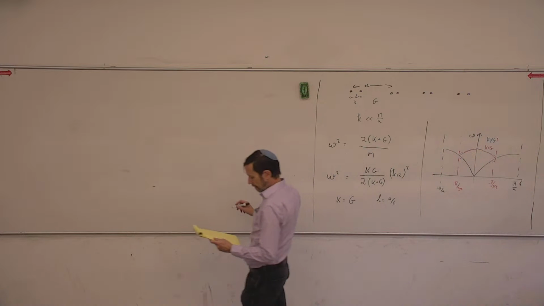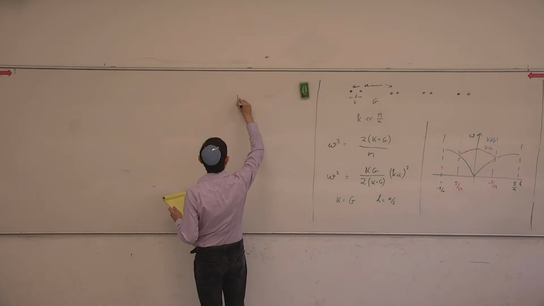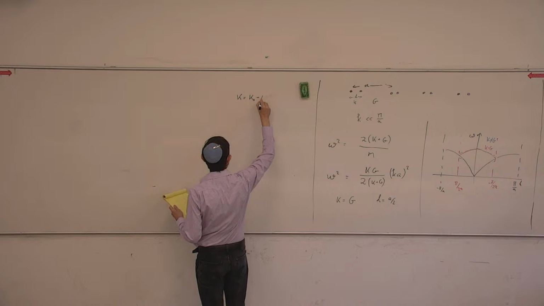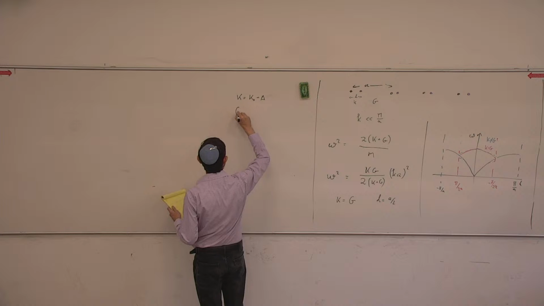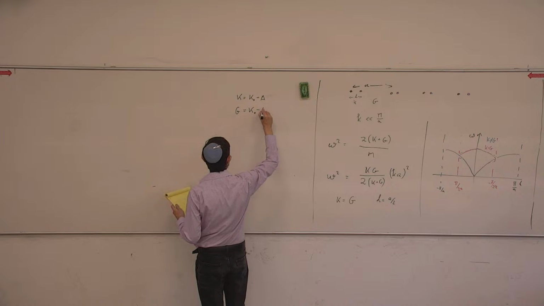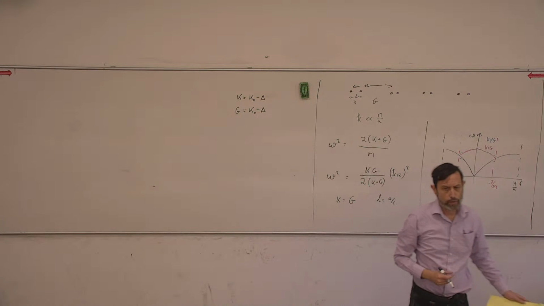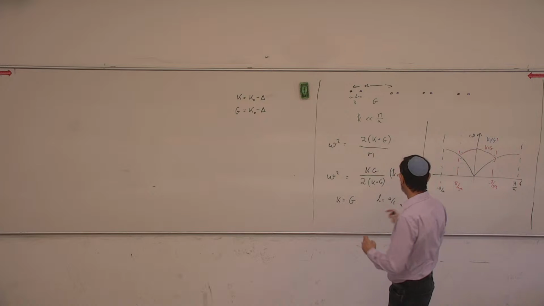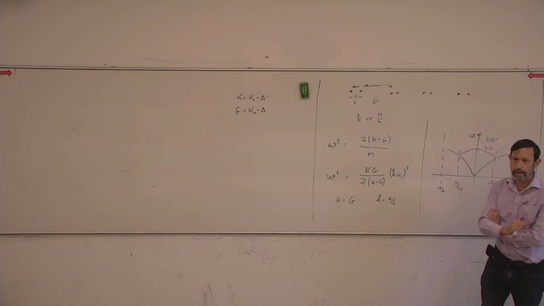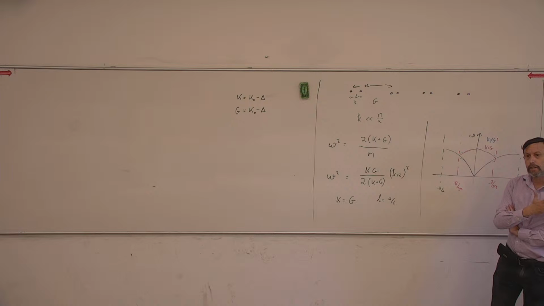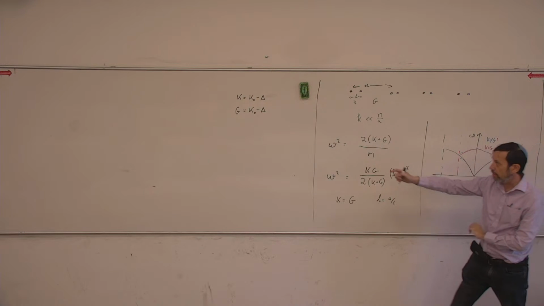So let's say doing a perturbation in order to see this opening of this gap, where k is almost equal to k0, and so is G, but they're distinct.